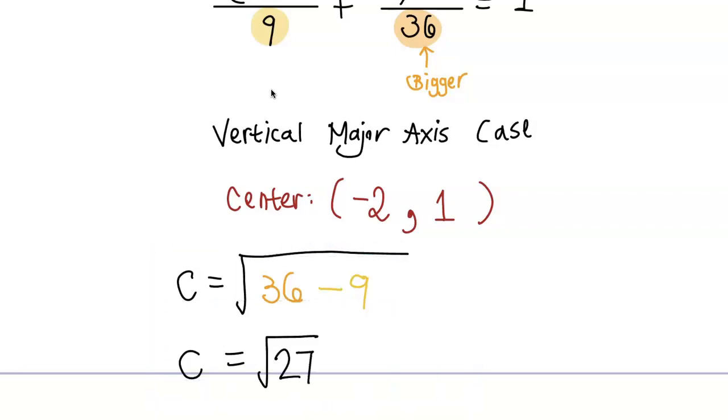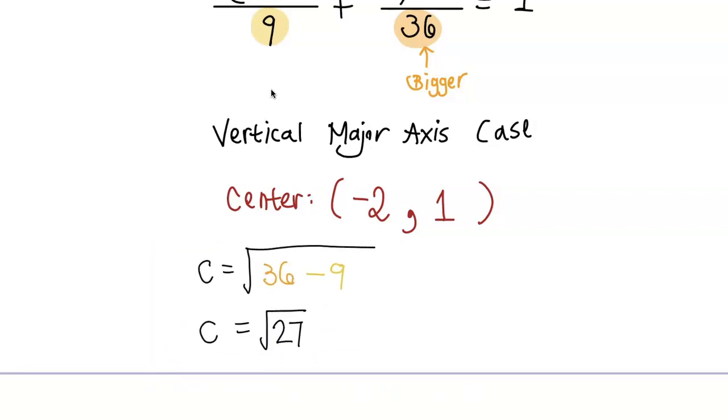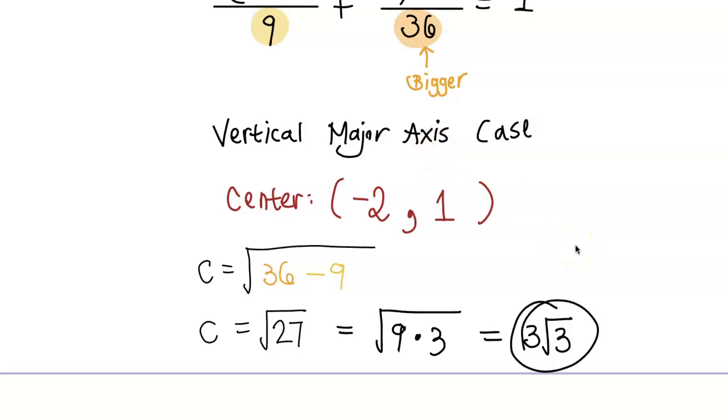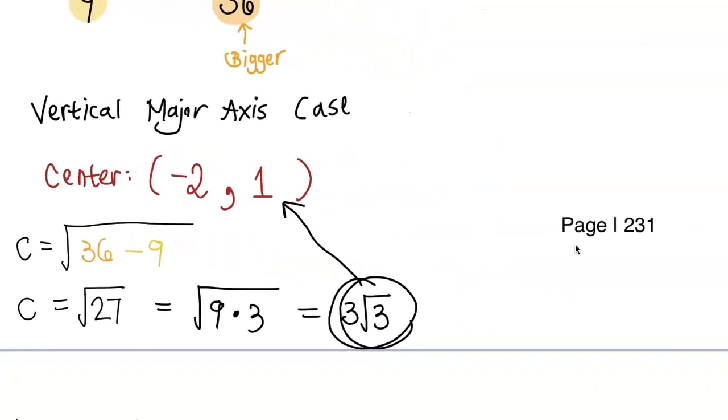It's not a perfect square, but we're going to simplify this as 9 times 3, right? 9 times 3 is 27, which means the square root of 9 can come out as 3, but we still have √3 inside. Now, because we're looking at a vertical major axis case, we are going to be adding this number to the y coordinate or subtracting it to find the coordinates of the foci.